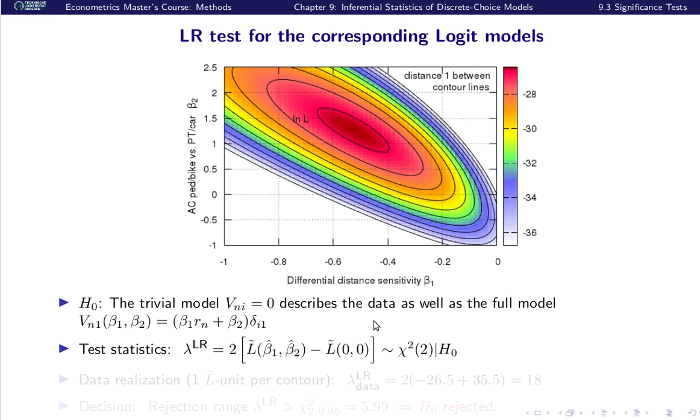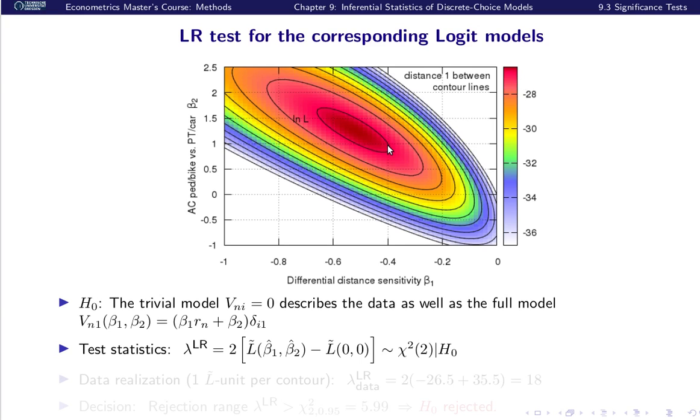Now the data realization can be just read off. The maximum likelihood is, so this is 28. One line is one log likelihood unit. So we have something like 28 is this. Now this is even 27.